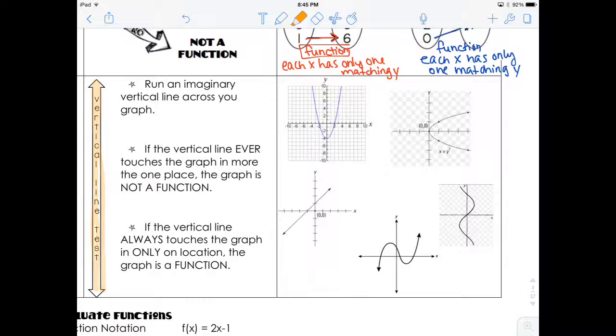And what happens is this is the function that's happening inside this machine. So inside this machine is the 2x minus 1. Let's say we want to put in 5. So inside the machine, it takes 2 times 5 minus 1. So that's 10 minus 1. So it's going to spit out a 9.